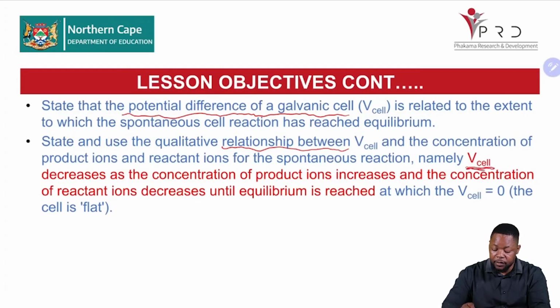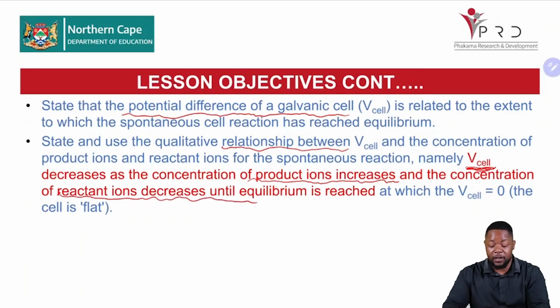the V cell, that is the EMF of a cell, decreases as the concentration of the product ions increases, and the concentration of the reactant ions decreases until equilibrium is reached. I will repeat.